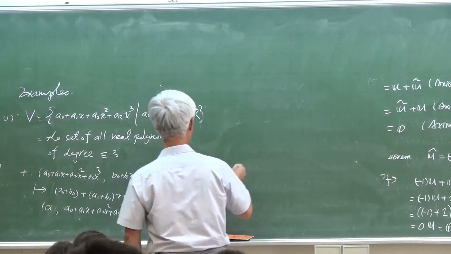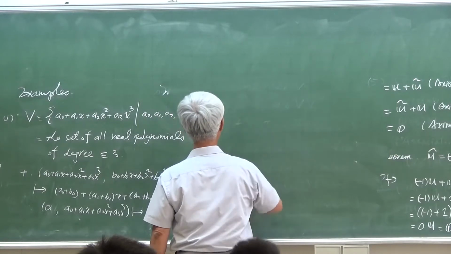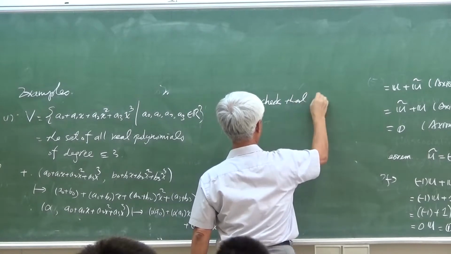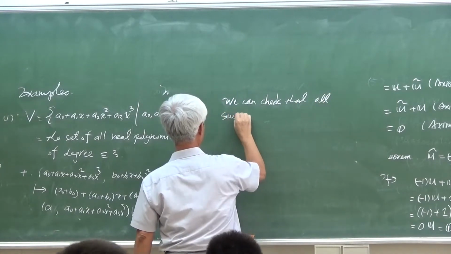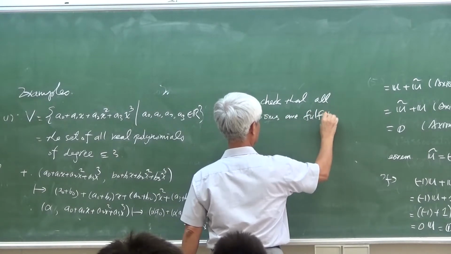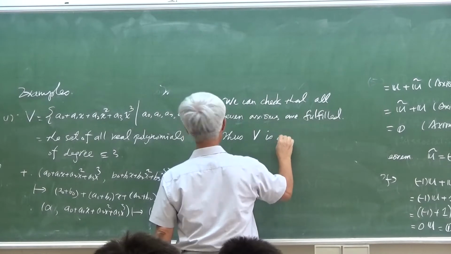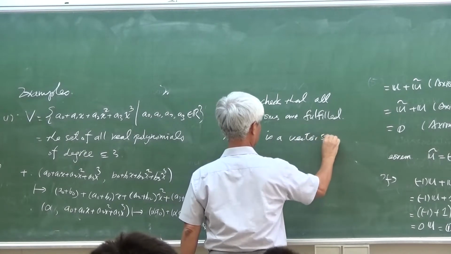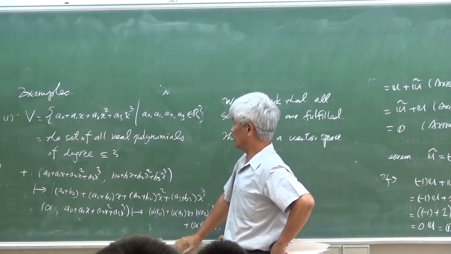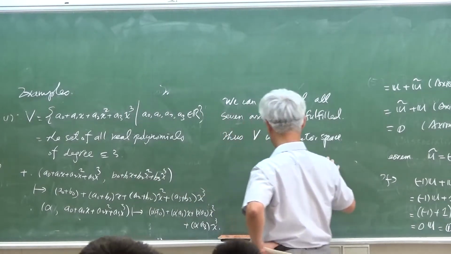So we can check that all 7 axioms are fulfilled. Now we know that the set of all real polynomials of degree less than or equal to 3 is a vector space.